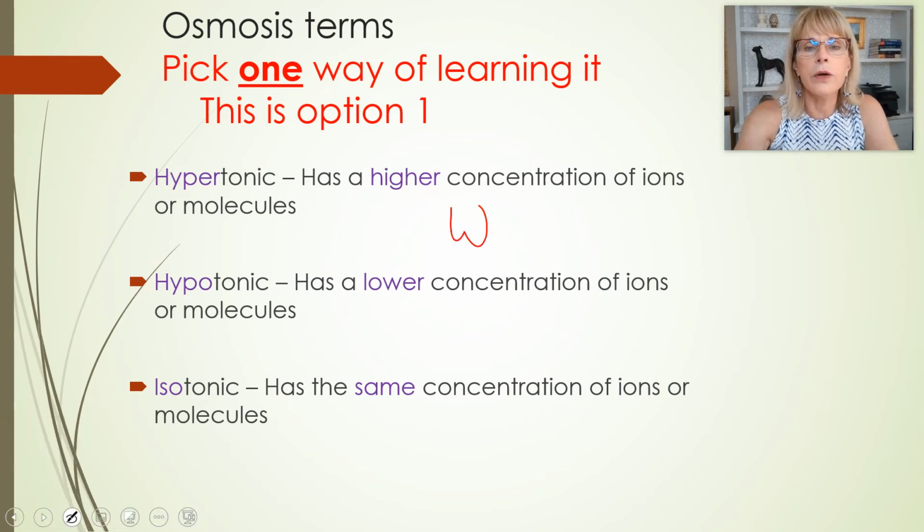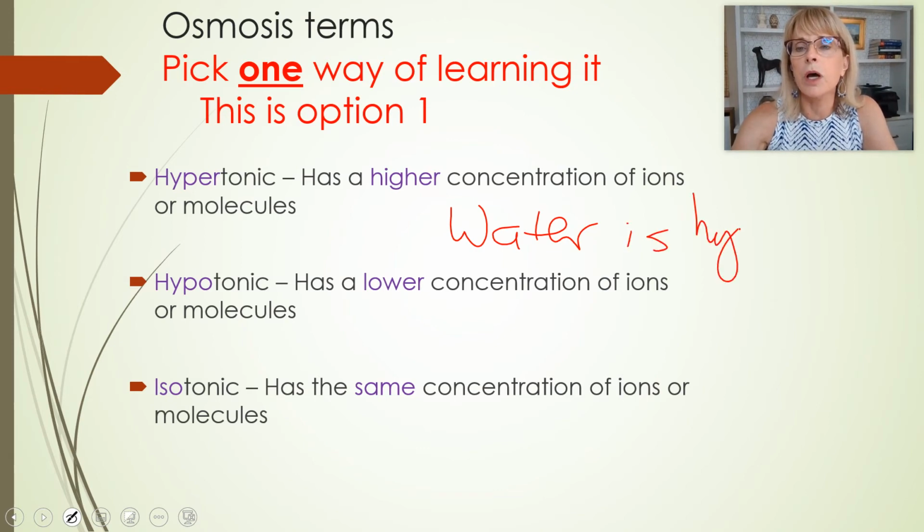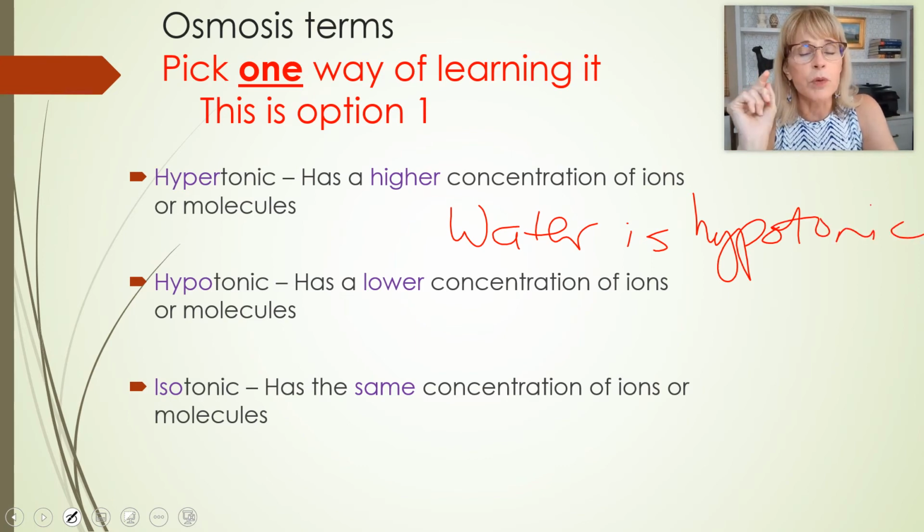So if one of them's pure water, distilled water, that's going to be the hypotonic one. The only way water is not hypotonic is if you've got two sides of a beaker with distilled water on both sides, which would be a weird exam question. Maybe I'll do that one. I don't know.